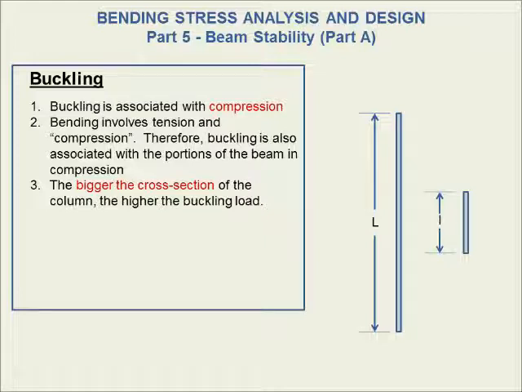We can even test, if you have two rulers, same thickness, same material, you can tell that the shorter one will require more load to buckle, that the more slender, taller one will buckle quicker. So the buckling load P is less than the buckling load P1 in this case.